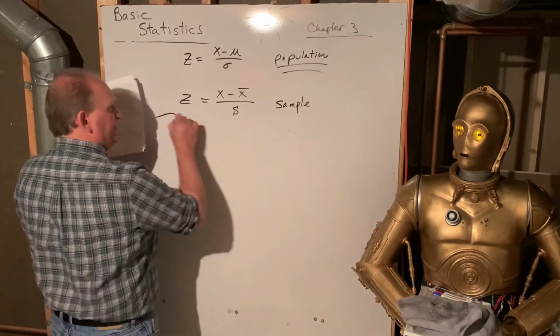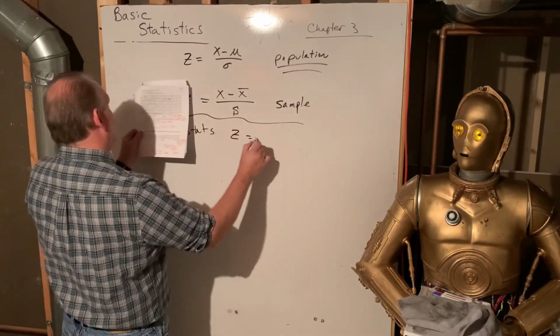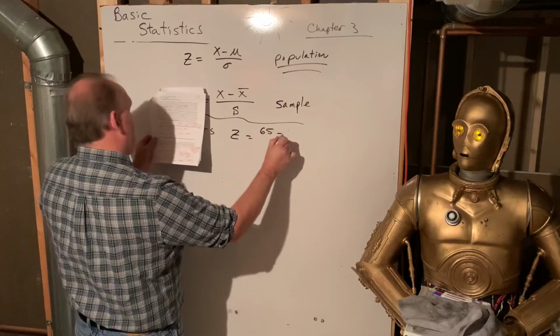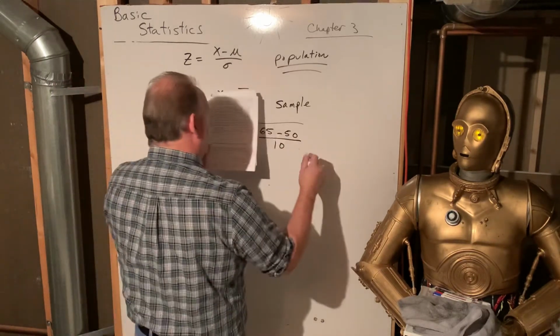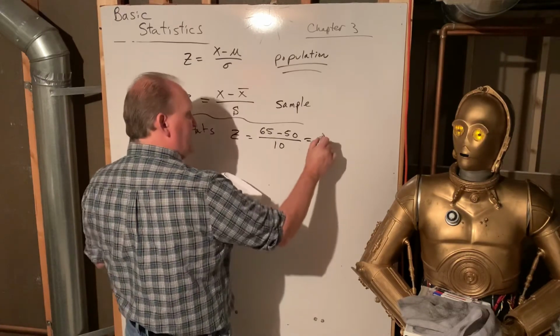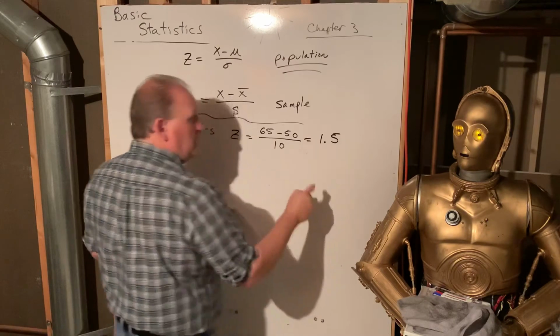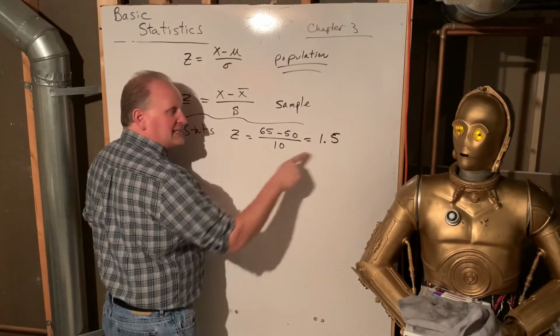Well, let's see. For stats, we have a Z-score of 65 minus 50, over 10 is how varied it was. So we're looking at 15 over 10, 1.5. So you were 1.5 standard deviations above the rest of the class on that one.